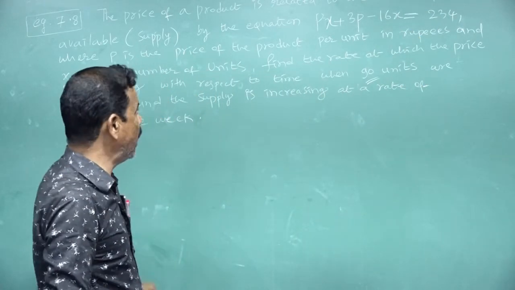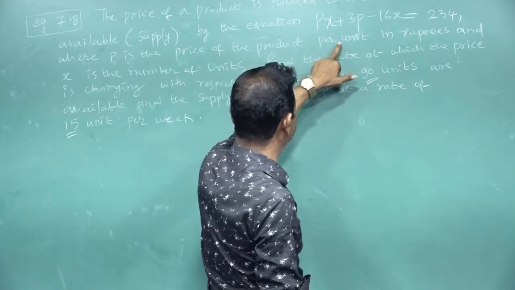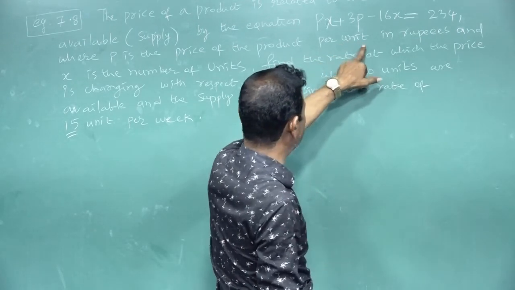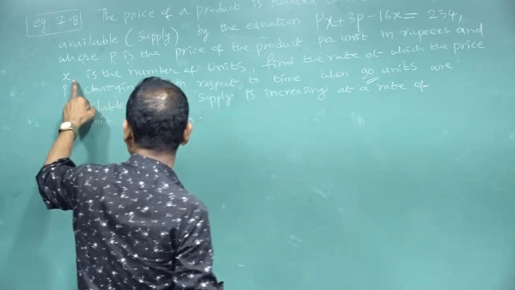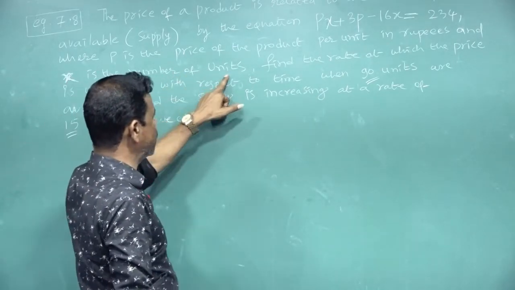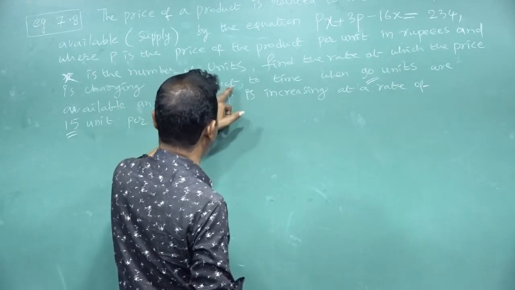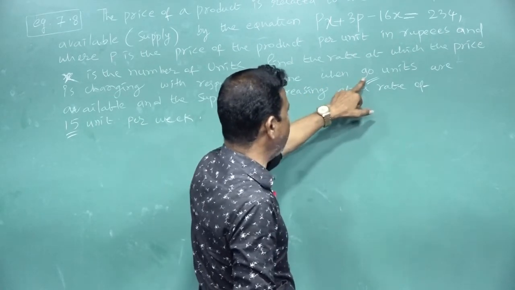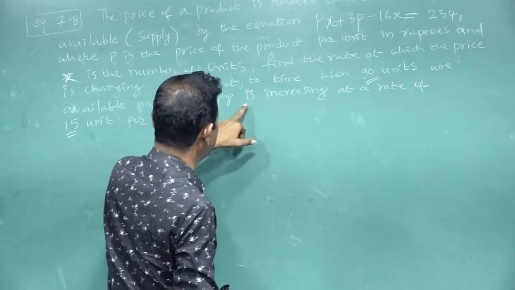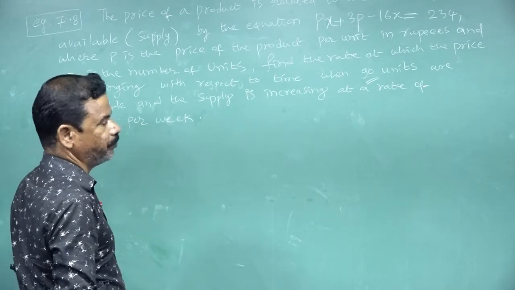That is the given function, where p is the price of the product per unit in rupees, and x is the number of units. Find the rate at which the price is changing with respect to time when 90 units are available and the supply is increasing at a rate of 15 units per week.